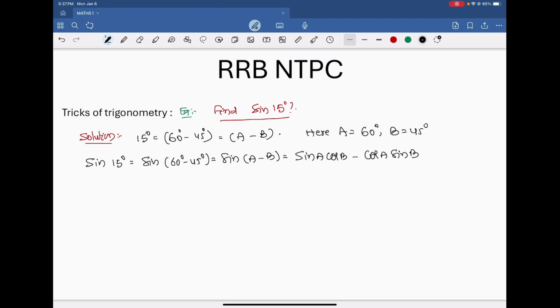Then this implies sin 15 degrees is equal to sin 60 degrees into cos 45 degrees minus cos 60 degrees into sin 45 degrees.